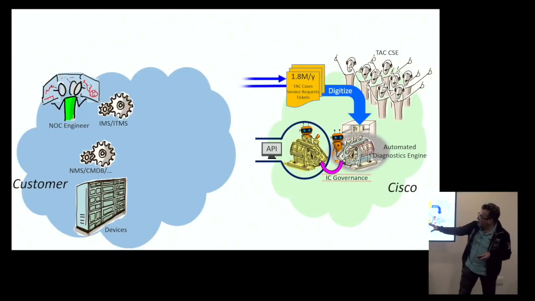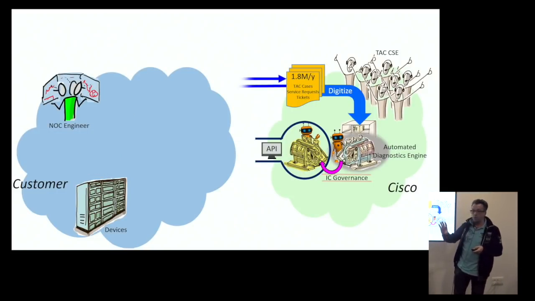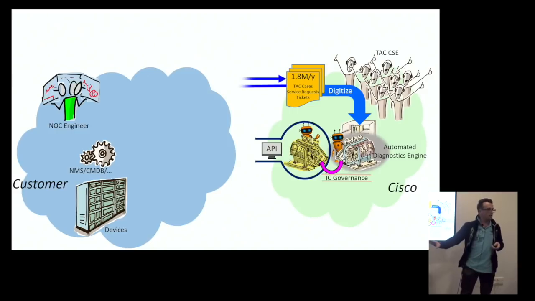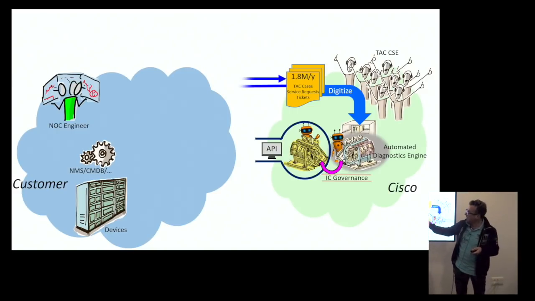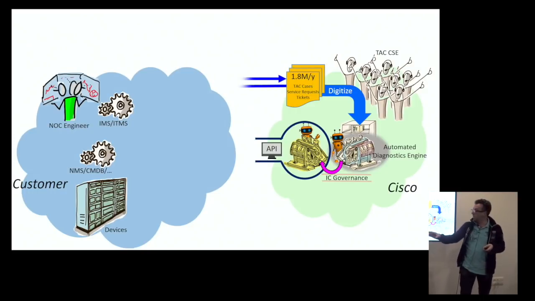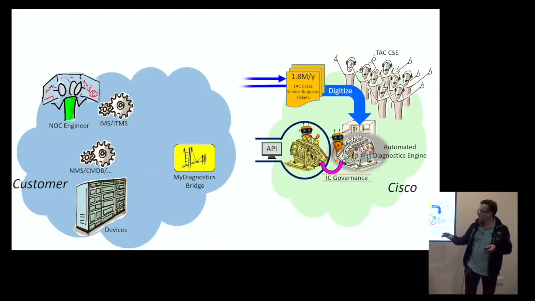On the customer side, as mentioned, we don't provide a new portal or just another portal. We assume customers already have their NMS system or they capture their device list in their CMDB. They may already have their internal ticketing system. Basically what we are providing is the My Diagnostics bridge, which is just connecting the things together.